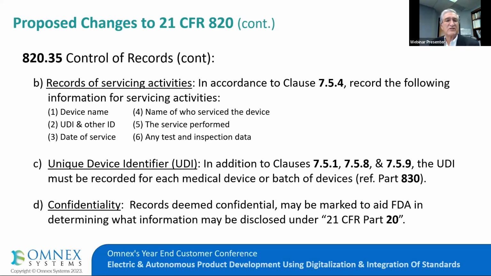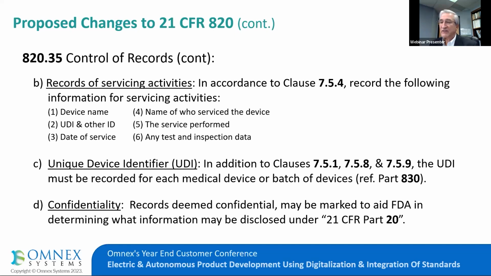Paragraph C has to do with UDI. In addition to clauses 7.5.1, 7.5.8, and 7.5.9, the UDI must be recorded for each device or batch according to Part 830 in the CFR. Confidentiality: you may mark anything that is deemed confidential to aid the FDA in determining what they can disclose and what they can't.